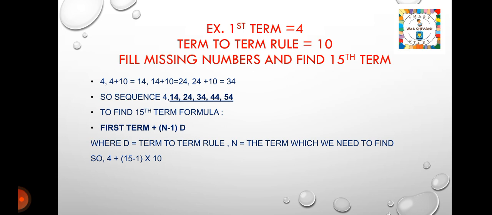Putting these values into the formula, we get 4 plus (15 minus 1) times 10, which gives us 4 plus 14 times 10, that is 4 plus 140, which is 144. Isn't it easy? Instead of adding 10, 10, 10, 15 times, we simply put in the formula and we get the answer in a few seconds.